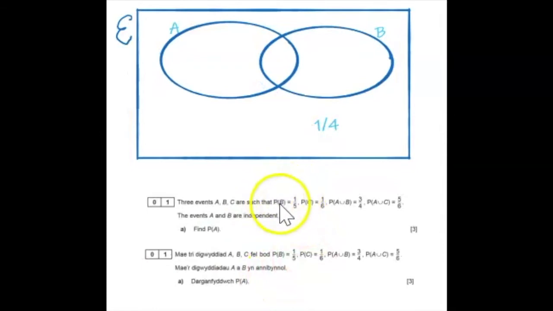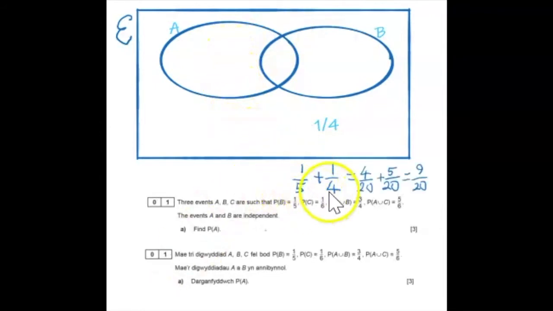We know the probability of B is 1/5, so all this region is 1/5. We've also got 1/4, so if we add 1/5 and 1/4 together, the rest of the probability to make up 1 will be A only, so we can work that out. So 1/5 plus 1/4 is 4/20 plus 5/20, which is 9/20, which means the region A only is 11/20.